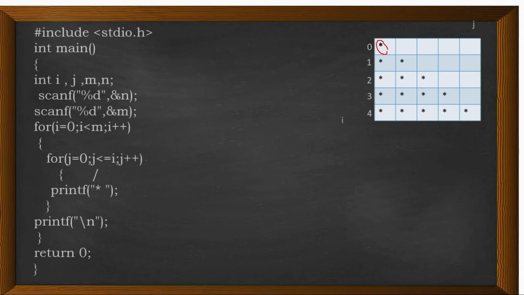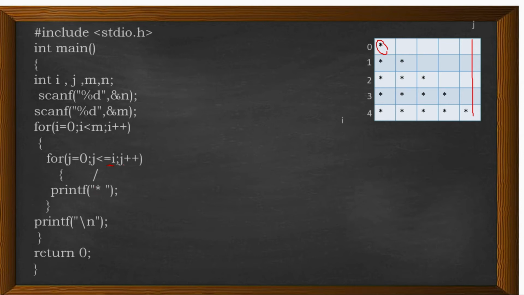So j should continue while it is less than or equal to I, the value of I. So when I is 0, j is less than or equal to 0. In this case, j should be at the 0 position, right? And one star will be printed.